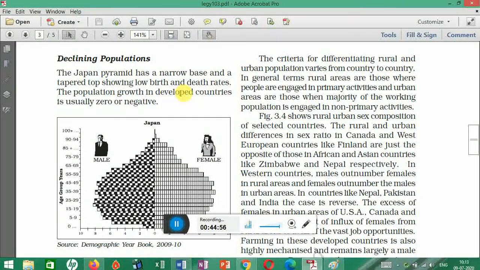If the death rate is a little higher than the birth rate, it will be negative. For example, birth rate is only 1 or 2 per 1000, and death rate is around 5 to 6 per 1000. In this case the death rate is higher than the birth rate, and that is why population growth will be negative. This is called a declining population.